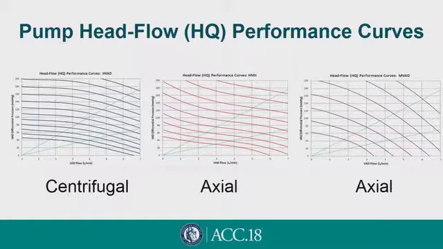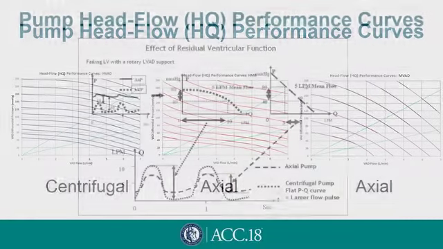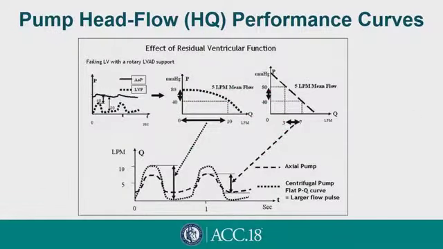And here's an example of different centrifugal and axial pumps, and you can see that their pressure flow characteristics differ amongst the pumps. Each line represents a different pump speed, so every pump has a unique set of characteristics. So what are the differences between a steep and a flat pressure flow relationship?